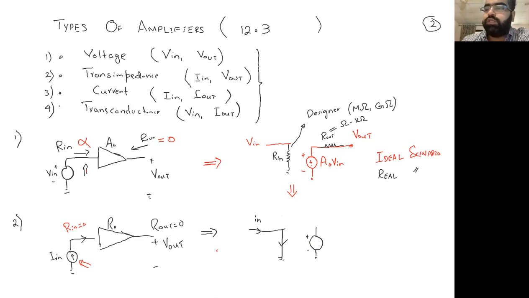This voltage source depends on this I in multiplied by the resistance, and the resistance is going to be here, V out. Here I am making a mistake. So the ideal scenario I am writing in black, and the real scenario in red.